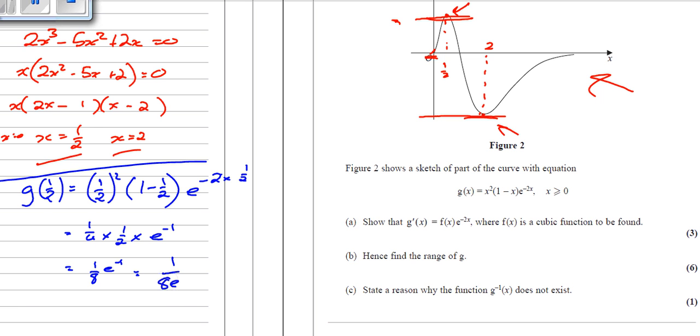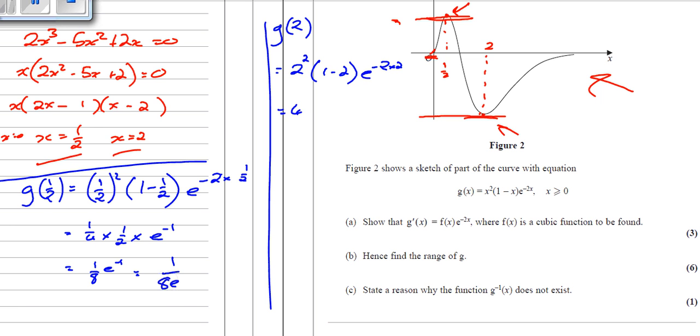So that's when x equals a half. So let's do g of 2. That will equal 2 squared times 1 minus 2, times e to the minus 2 times 2, which is 4 times minus 1 times e to the minus 4, which equals minus 4 e to the minus 4, or minus 4 over e to the 4.